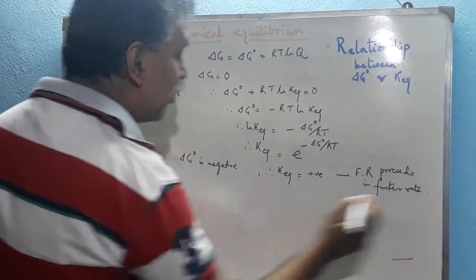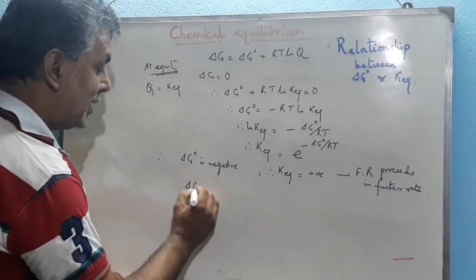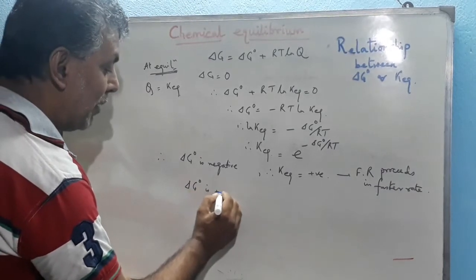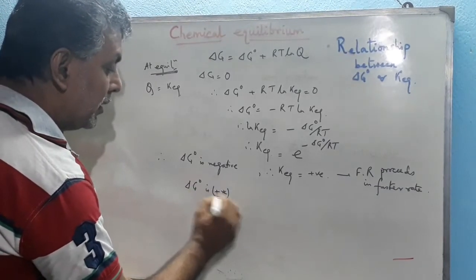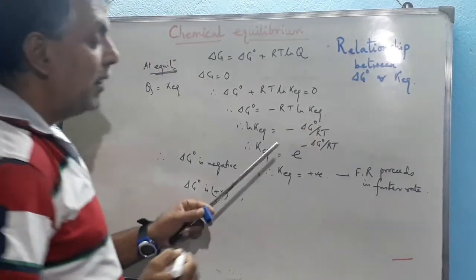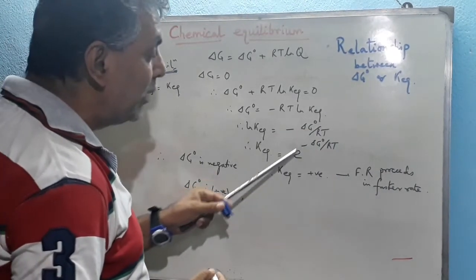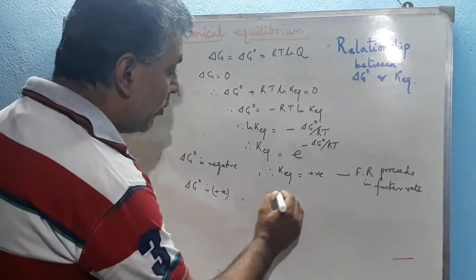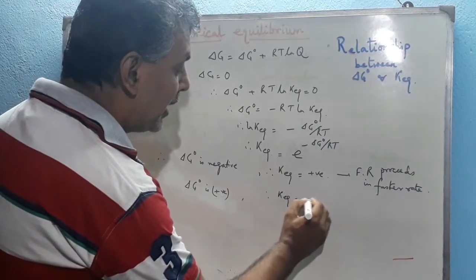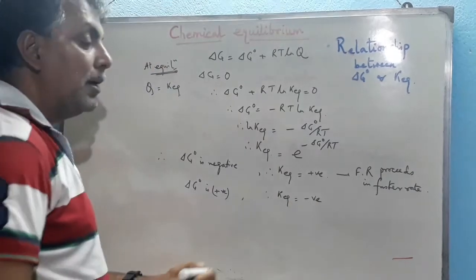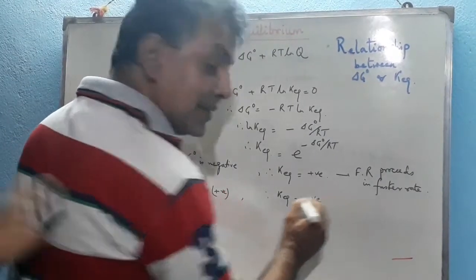That means it becomes spontaneous. Now, if del G0 is positive, e to the power minus del G0 by RT becomes e to the power negative, so K equilibrium is less than 1.